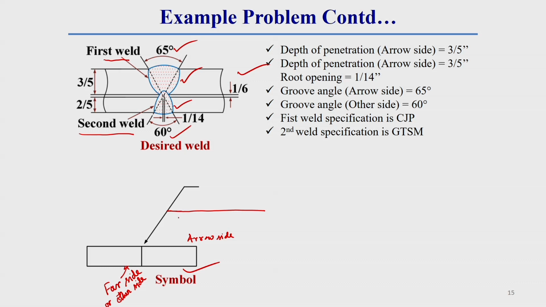Now, what should be the welding symbol for these two different welding operations? For the first operation, I drew the first horizontal line, and the detailed specification should be given here. The bevel angle is done on the arrow side, given as 65 degree, and it has a root opening of 1/4, so two pieces of information are given here.